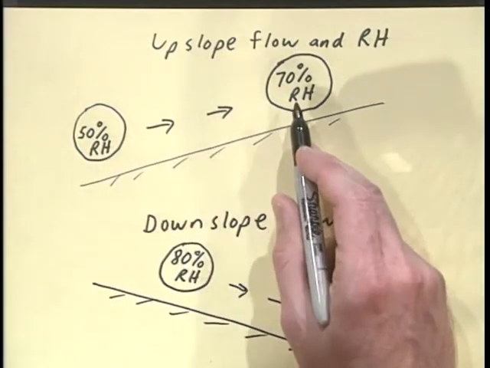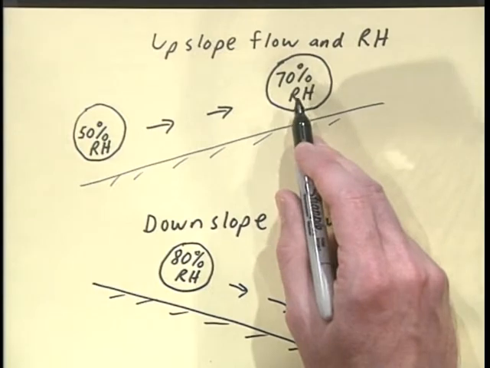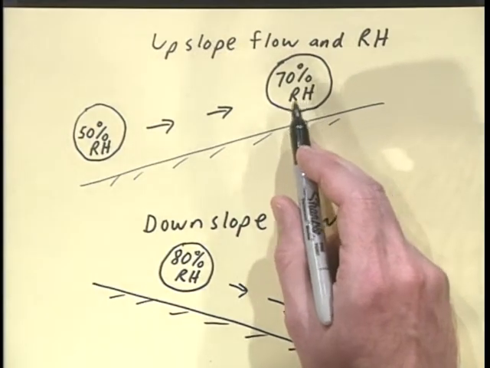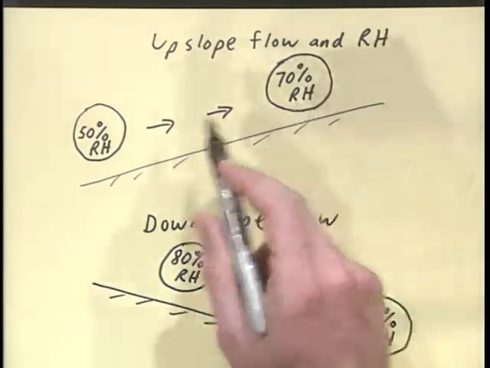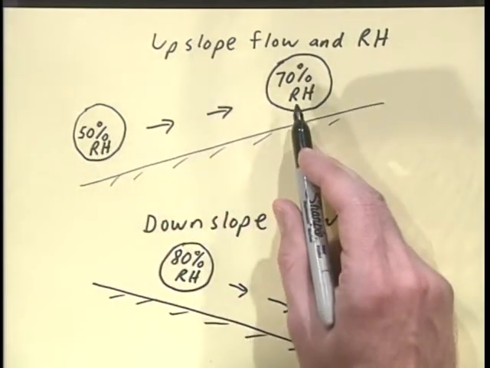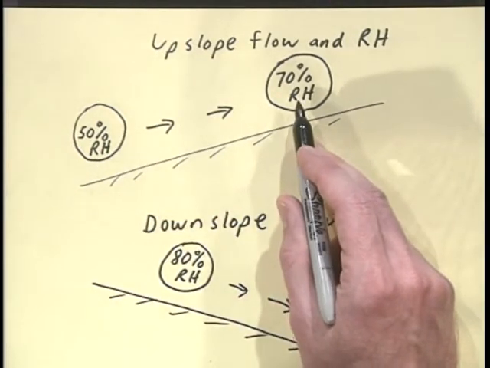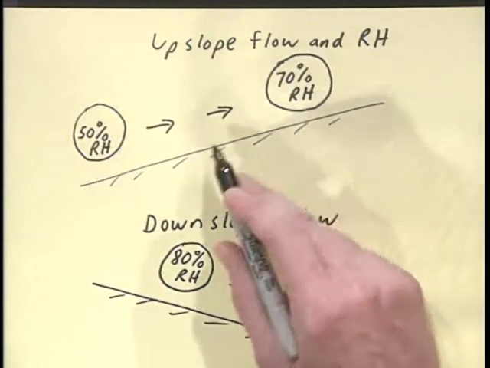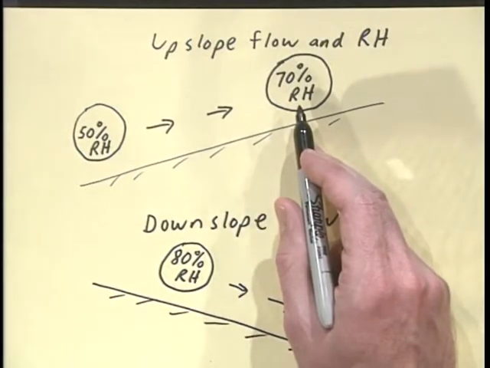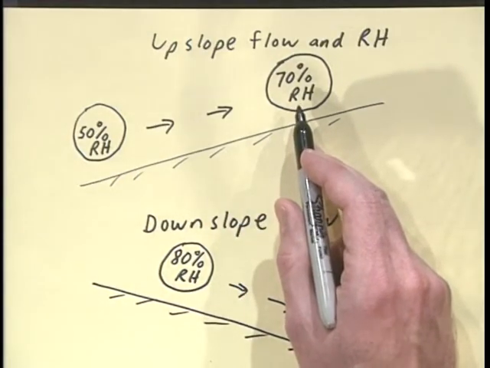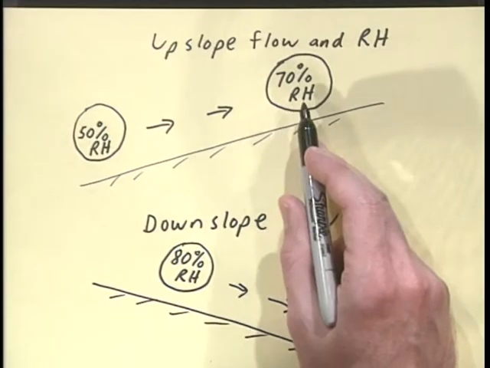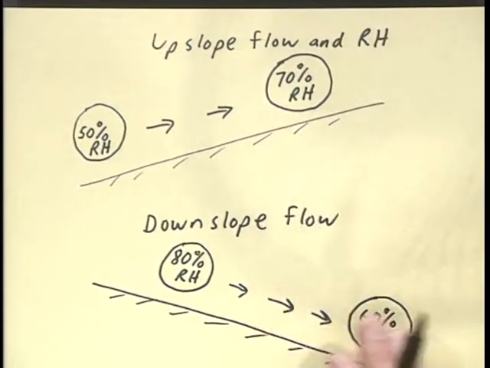As it's lifted up further, it now has a relative humidity of 70%. It has the same amount of moisture in the air, but now the temperature and dew point are closer together since the temperature has cooled down. So rising air cools, and if it's unsaturated, it gets closer to saturation. And once it becomes saturated and it continues to lift, then precipitation will occur.